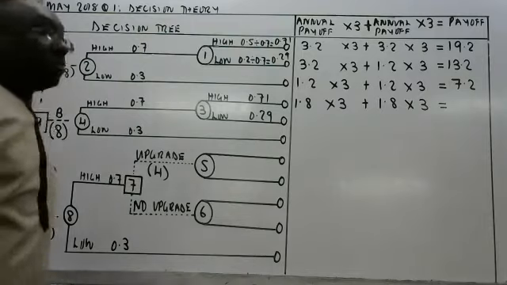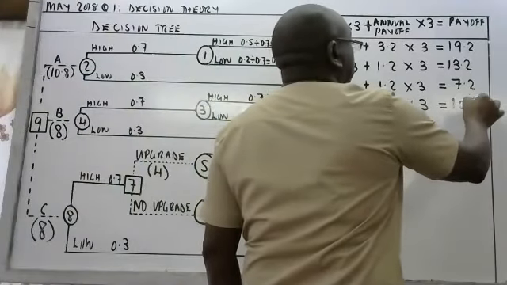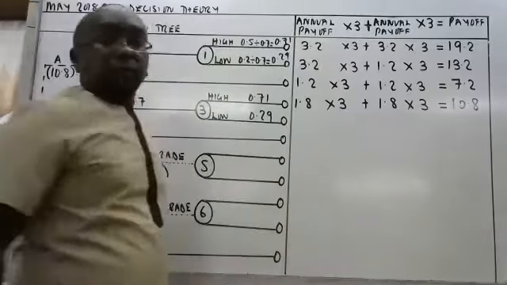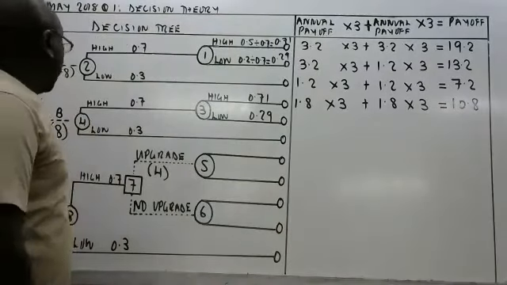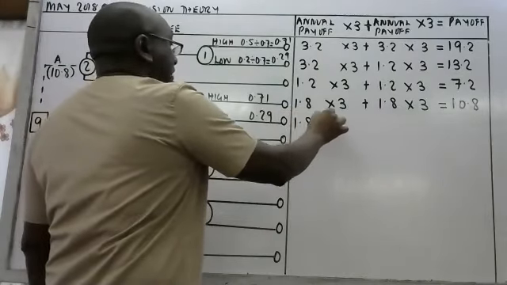Yeah, 10.8. Then here, 1.8 for the first 3 years.